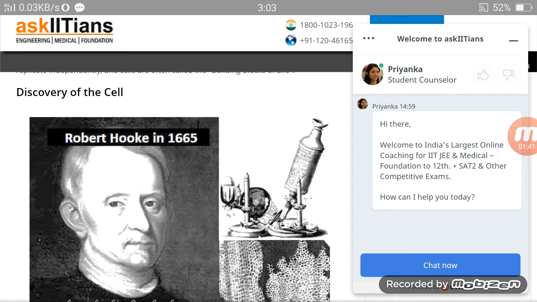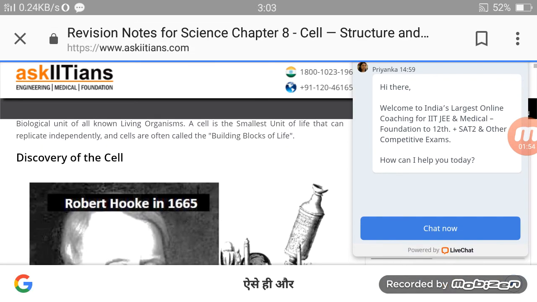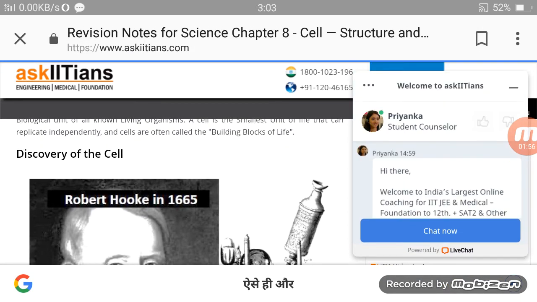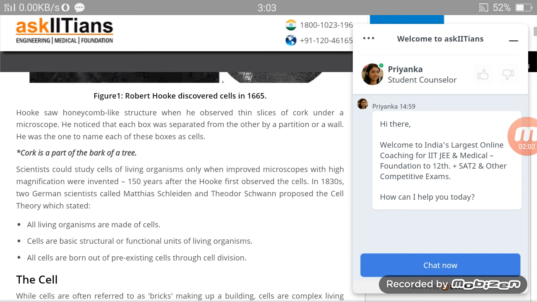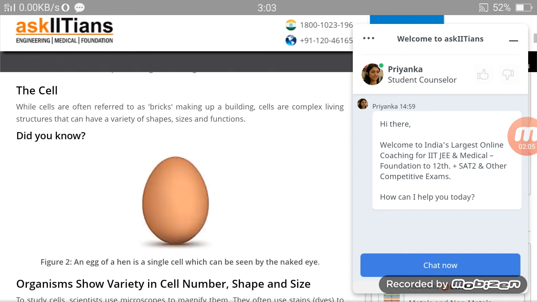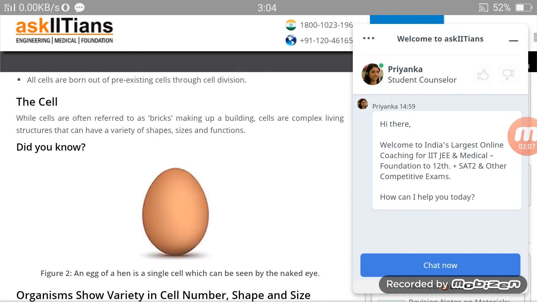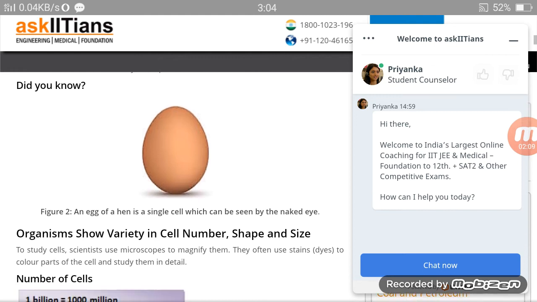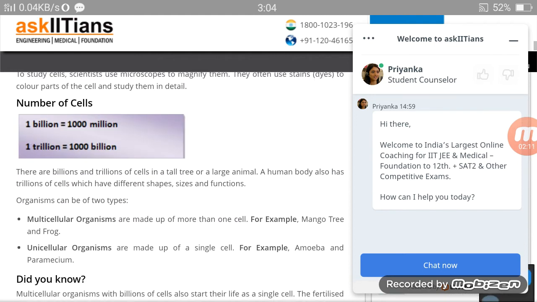The study relating to living things is in the category of biology, and the study related to non-living things is in physics and chemistry. The study of the cell is called cytology. Then we studied the discovery of the cell by Robert Hooke in 1665, and how he discovered this cell, and certain facts.